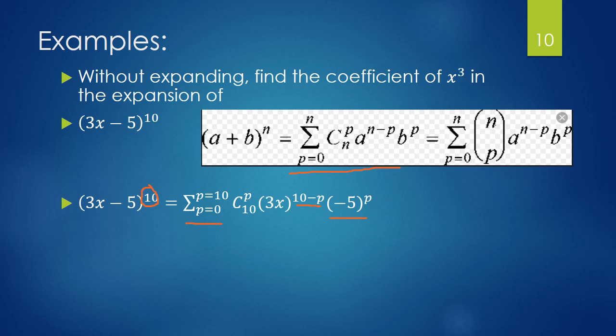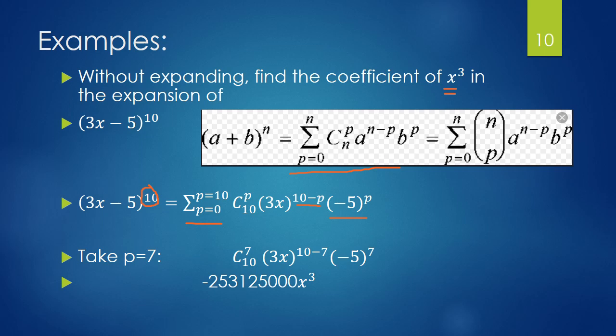Note here we want to find the coefficient of x^3. So what is the value of p so that we get the variable x^3? In fact, to get x^3, we must take p equals 7.